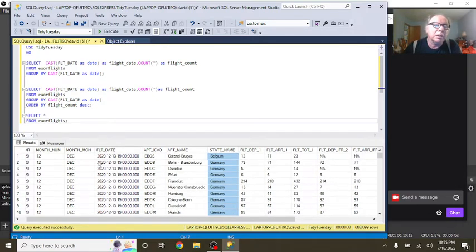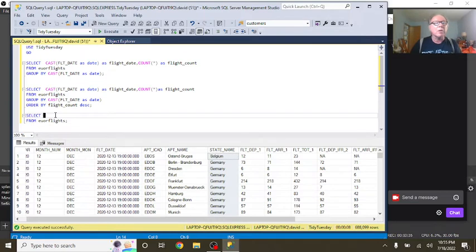So does this mean on December 13th of 2020, there were 12 flights departing Belgium and 11 flights arriving? Is that what that means? Okay, so let's just do a count of the number of rows that contains state name.